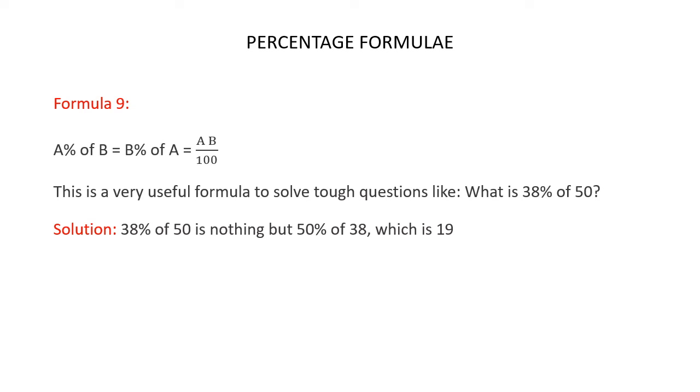Now, to calculate 38% of 50 is a little bit difficult, but we know that 38% of 50 is nothing but 50% of 38. 50% of 38 is easier to calculate. 50% of 38 is nothing but 19. So this formula is very useful. Remember this formula: A percent of B is equal to B percent of A.